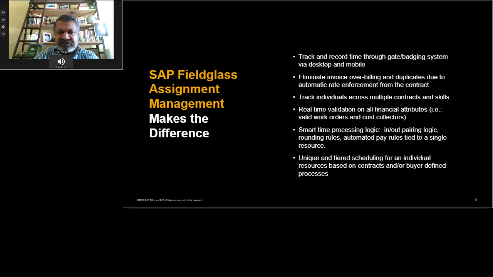Now, this makes us compatible with many different systems that we need to pull together to bring this assignment management capability to our customers. I talked about the gate and badging systems bringing in the time. We will still have a UI, so if someone needs to manually enter time, they can come into the application and do it.